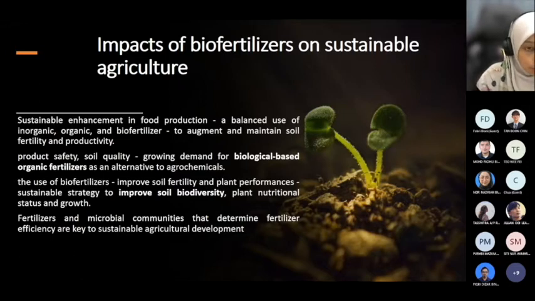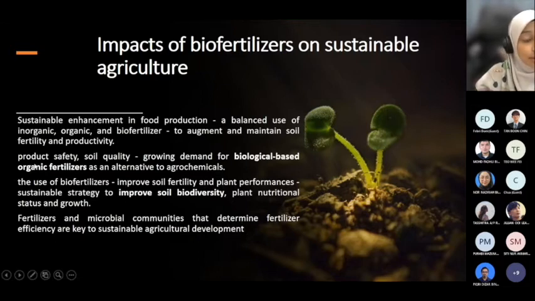So talking about rhizospheric microbes, there are many factors that affect the presence, the abundance, the diversity of those microbes. And now people are looking at the impacts of biofertilizers. As we all know, sustainable agriculture means to improve or enhance food production, right?